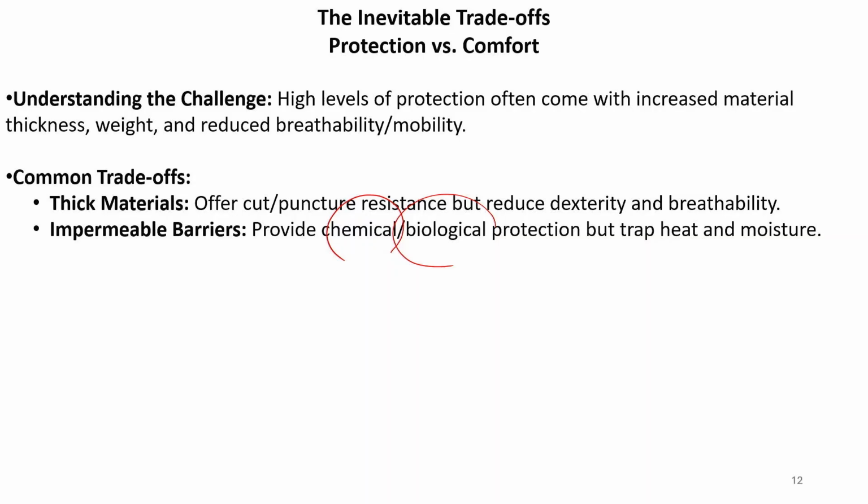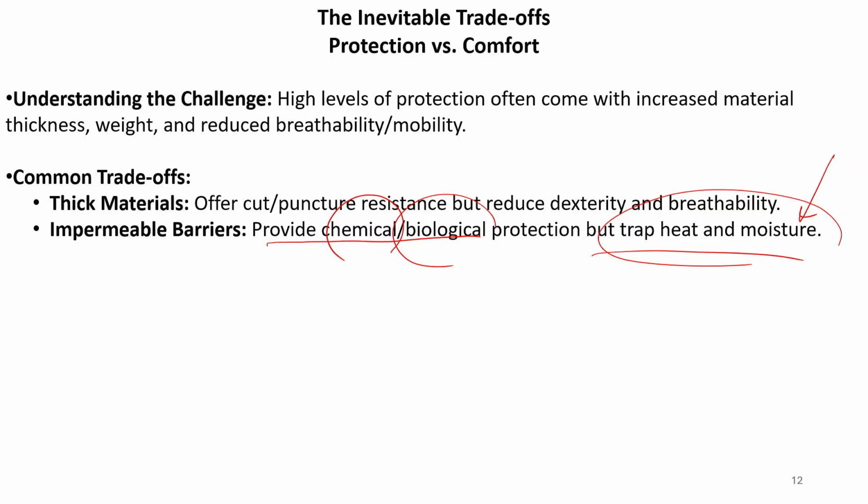But if that is not possible at all, and we need an impermeable membrane that traps heat and moisture, the wearer cannot use it for a long time. So, understanding that trade-off is very important. We must understand which one is important when a chemical and biological threat is there.